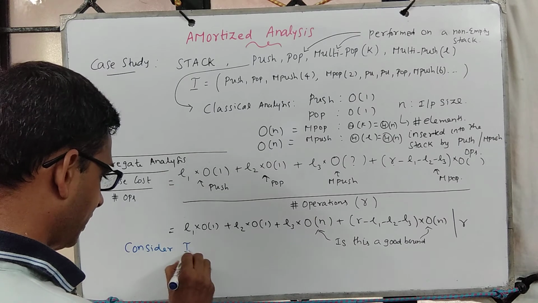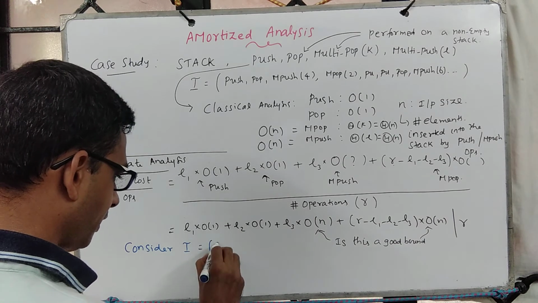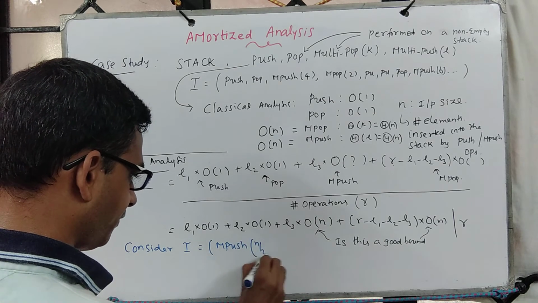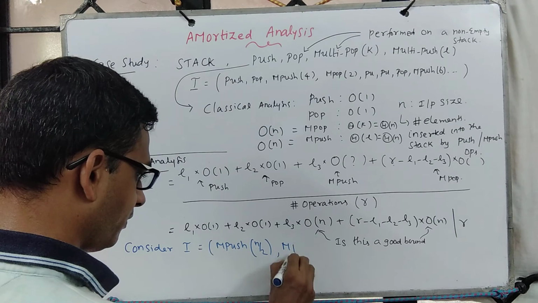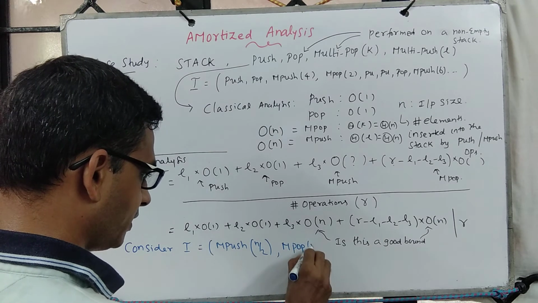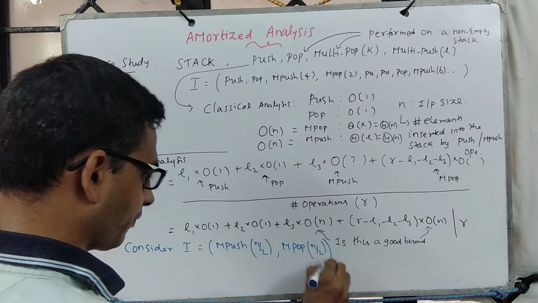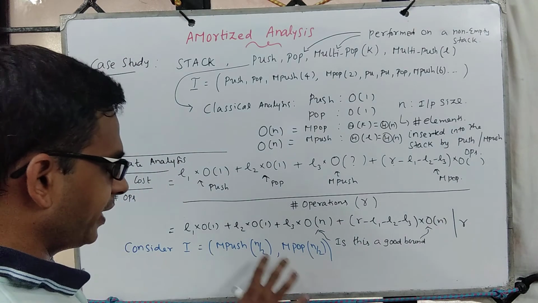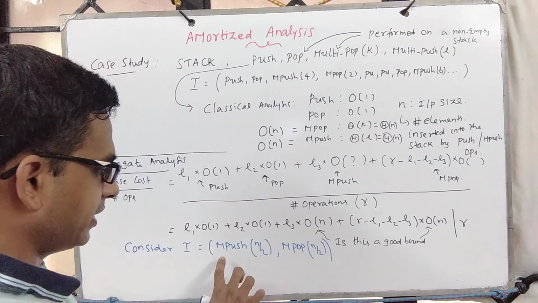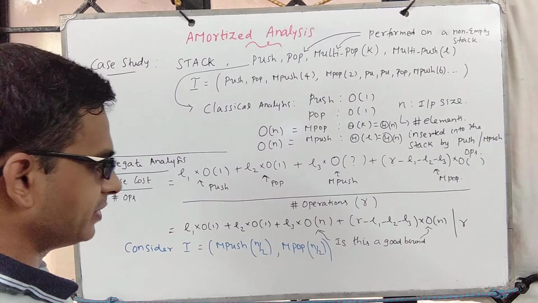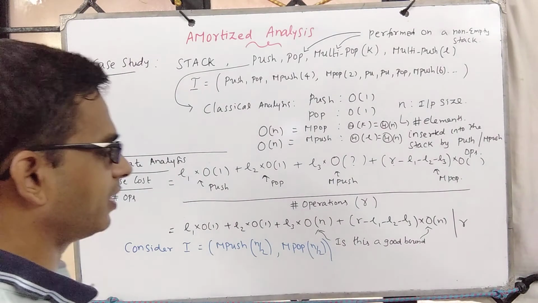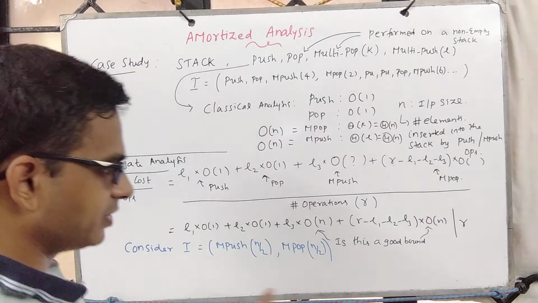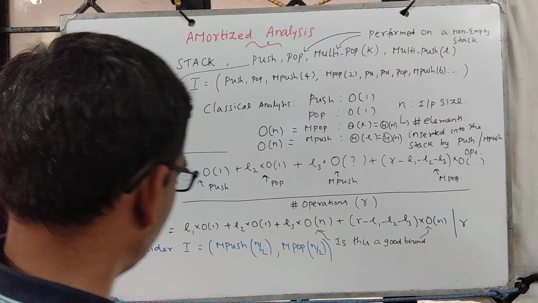Consider I to be, say, multi-push of n by 2, then multi-pop of, say, n by 2. So we are pushing, for some n, n by 2 elements, and we are taking n by 2 elements. How many operations? Number of operations is just 2.